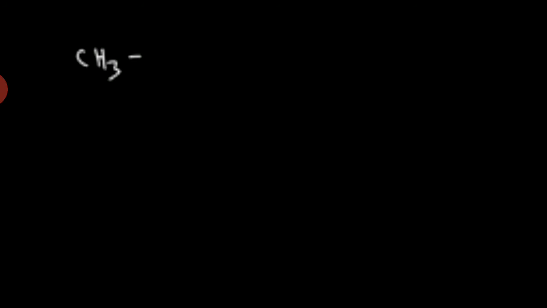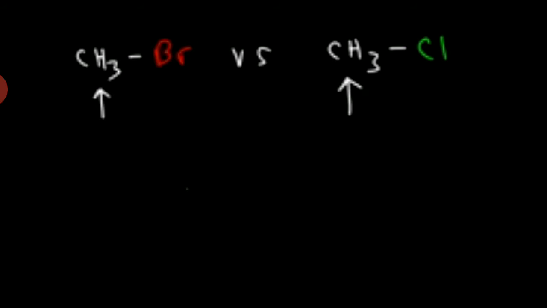Now we will try to understand with the help of some suitable examples what is the effect of the presence of an electron withdrawing group. Let us consider these two examples, CH3Br versus CH3Cl. Both of these compounds have one methyl group.